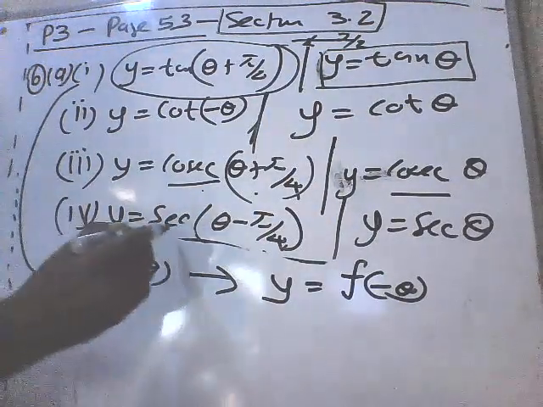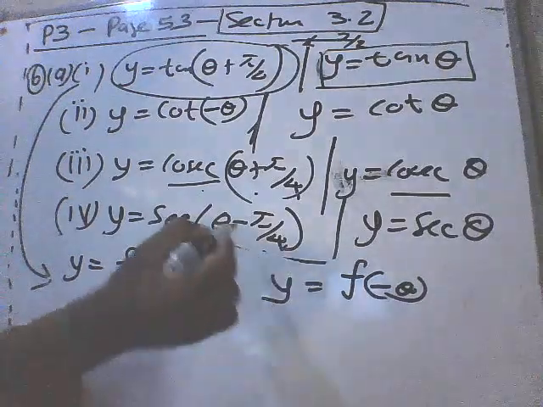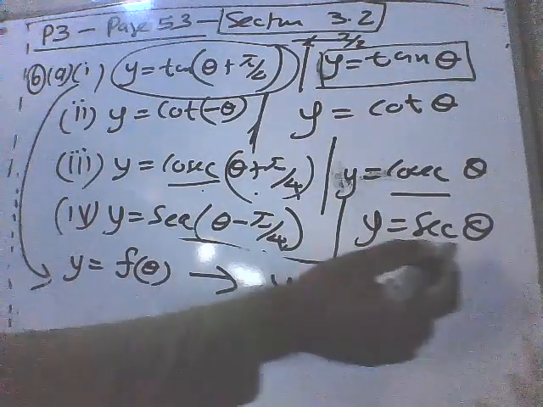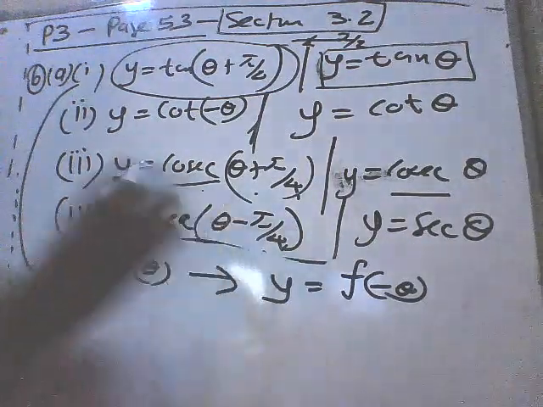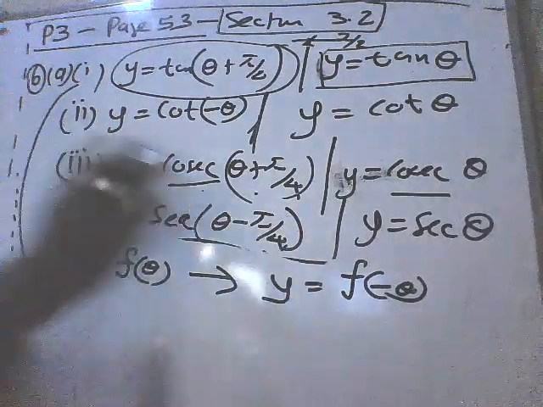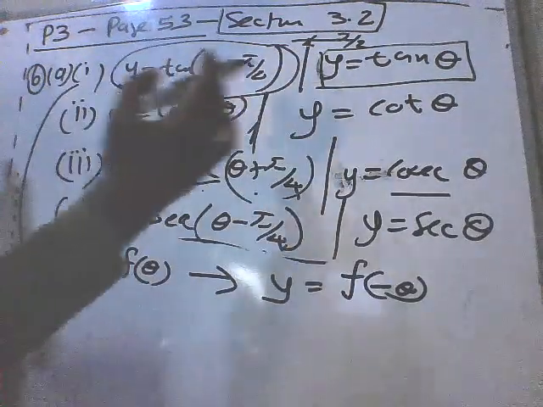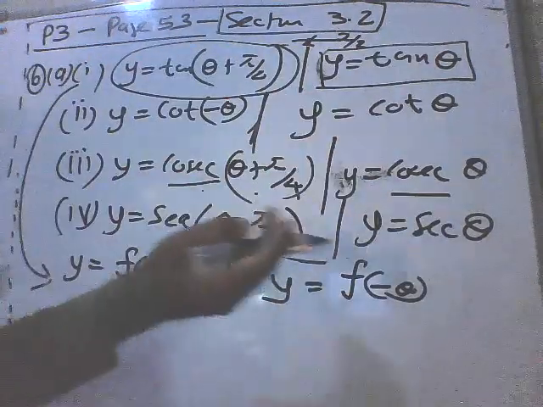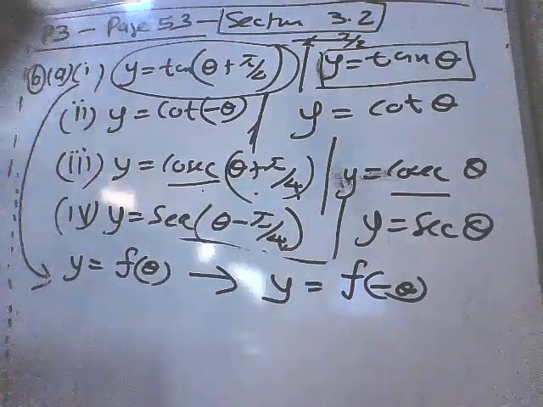Now here again sec theta, but with minus, it is the opposite. If it is minus, it goes to the right side. The same sec theta graph gets shifted to the right, by pi over 4 units.